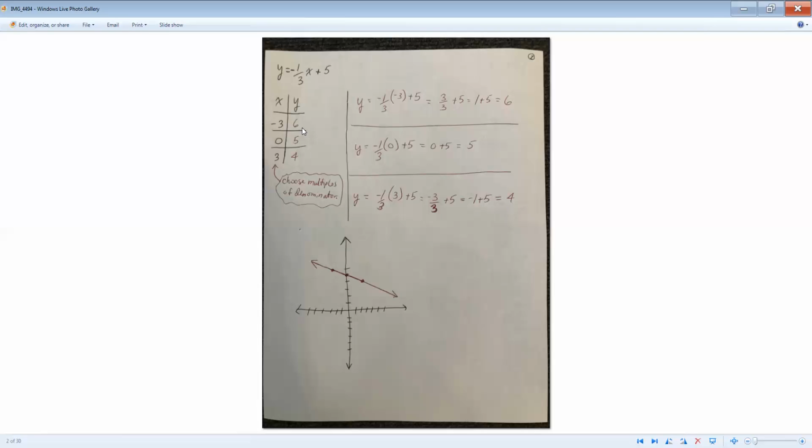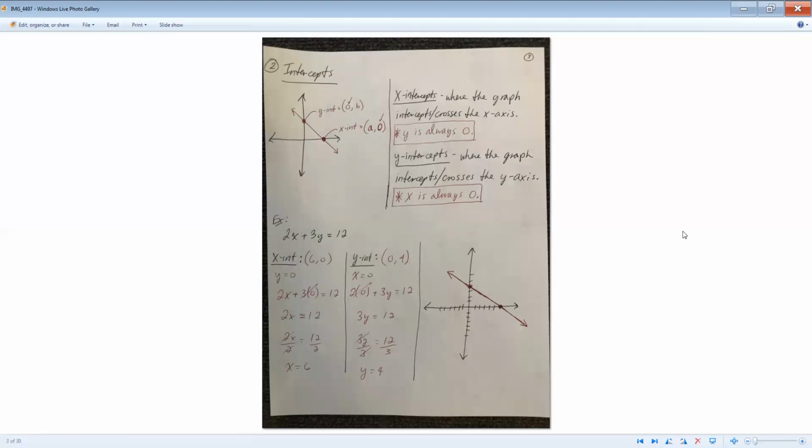So when x is -3, y is 6. When x is 0, y is 5. When x is 3, y is 4. Plot those 3 points individually, and then connect your dots, and you have a line. And that line represents your equation.